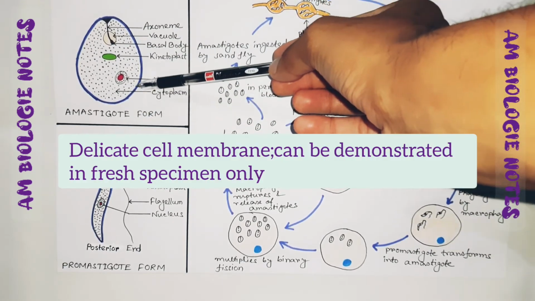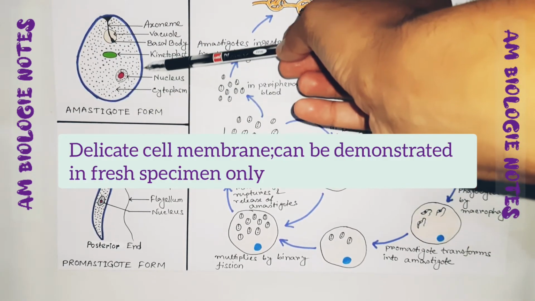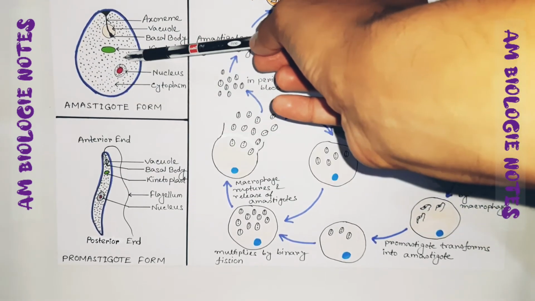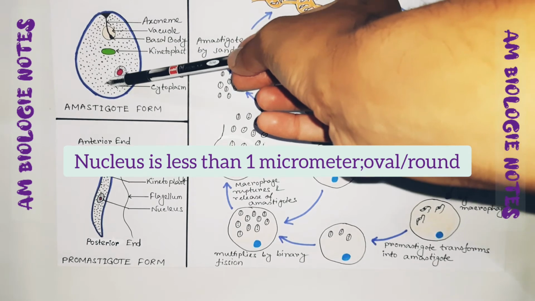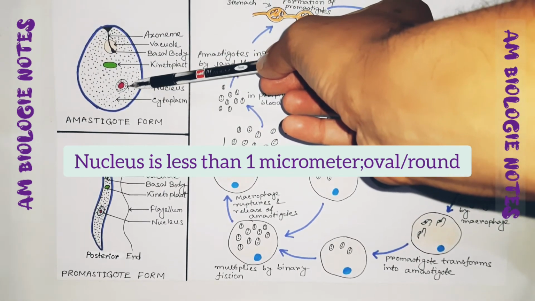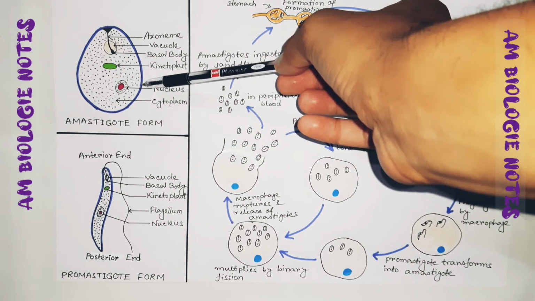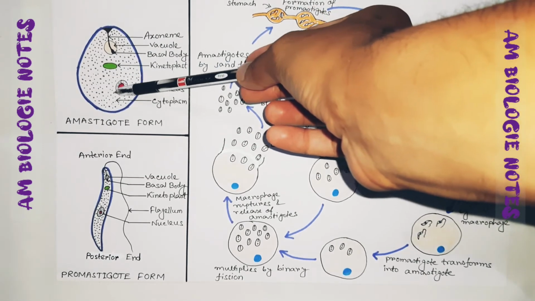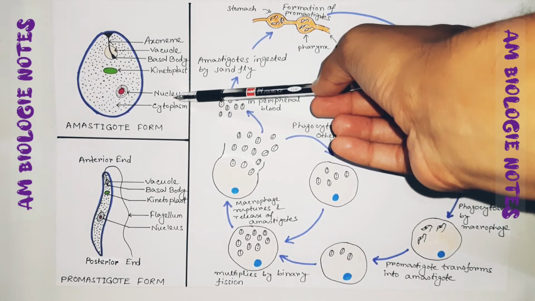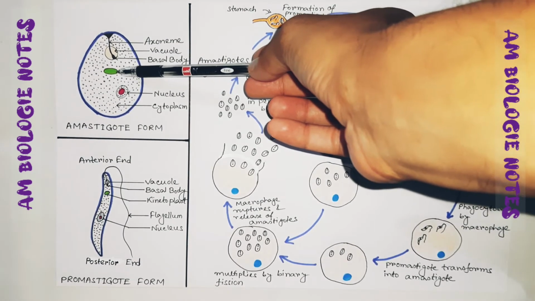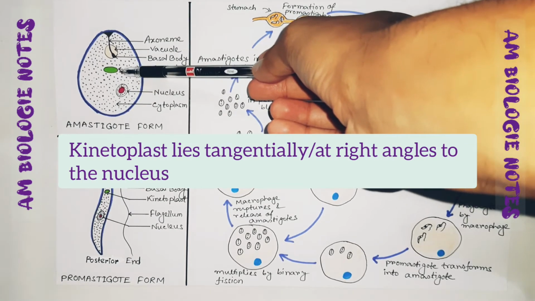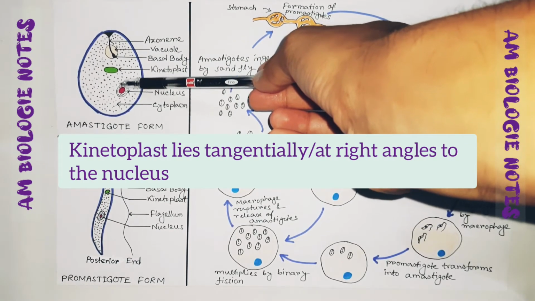Cell membrane is delicate and can be demonstrated in fresh specimens only. Nucleus measures less than 1 micrometer in diameter. It is oval or round and is usually situated in the middle of the cell or along the side of the cell wall.